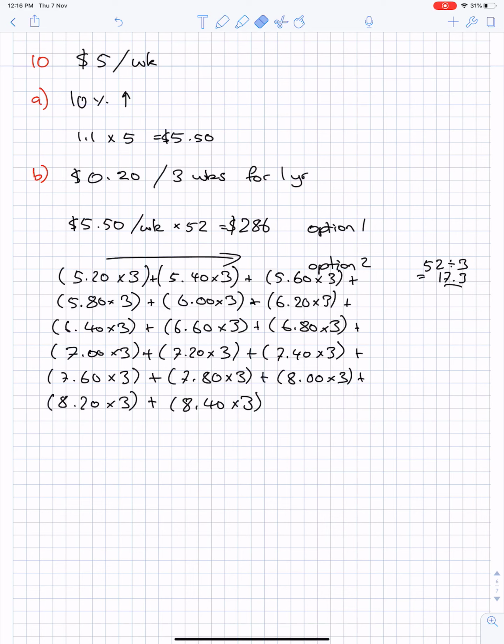You've got 9 weeks, and you've got how many weeks down here, excluding this one, so you have 1, 2, 3, 4, 5 times 3 is 15. So you've got 15 times 9 is 135.